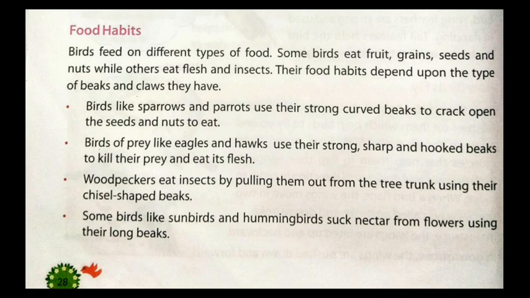Sparrows and parrots use their strong curved beaks. Woodpeckers use their chisel-shaped beaks, and sunbirds and hummingbirds use their long beaks. So for every type of bird, their food habits depend upon the type of beaks and claws they have.